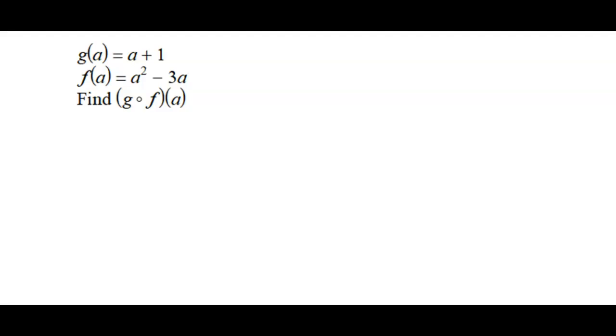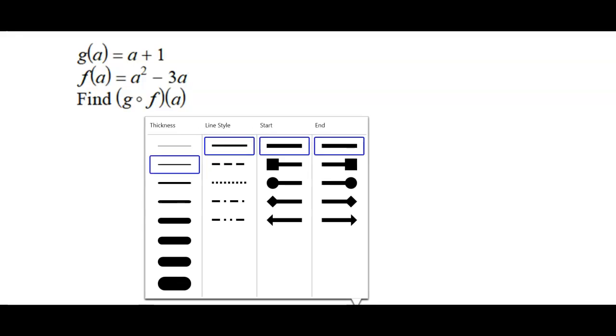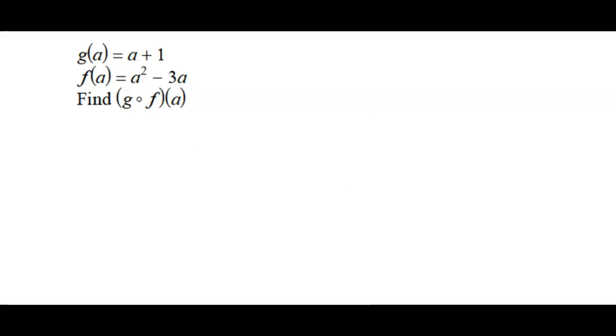For this one here, they've given us two functions, our g function and our f function. The way that we read this function composition, this open dot here can sometimes be confused for multiplication. This is not multiplication. If this was written as g times f with a little dot, that's your multiplication.